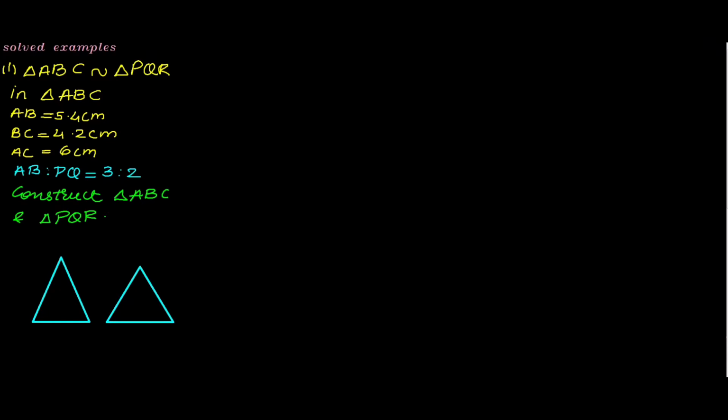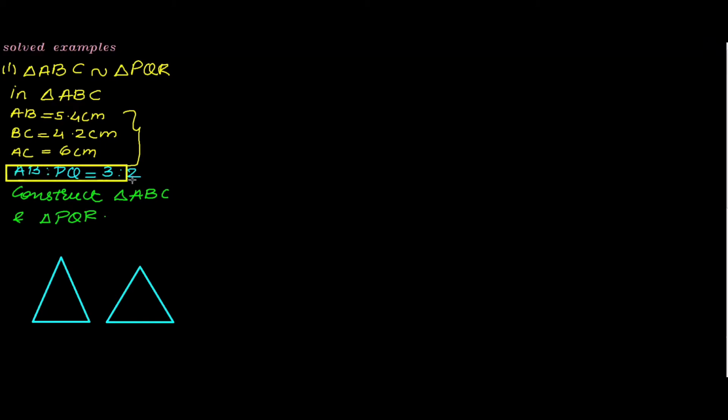Okay, so here is your first question. Triangle ABC is similar to triangle PQR. In triangle ABC, the sides of the triangle are given: AB equals 5.4 centimeter, BC equals 4.2 centimeter, AC 6 centimeter, and then the ratio is given.